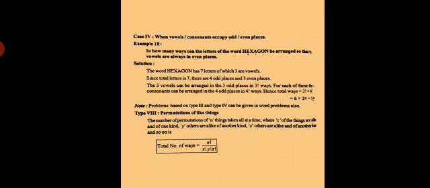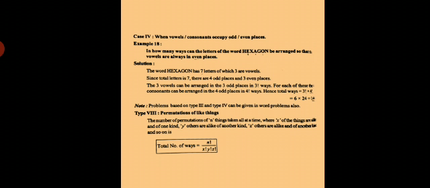Next, the last type is permutations of like things. Like things means same things. So for example, if in a word, which word should I take? PERMISSION or any other word, if the same letter is repeated, then we can take it as one unit. So here there is one shortcut for this.